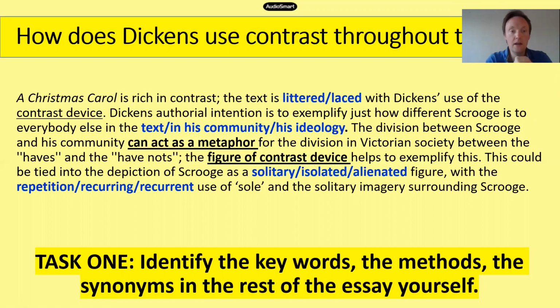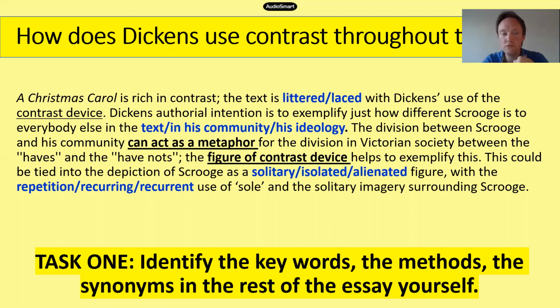It goes like this. A Christmas Carol is rich in contrast. The text is laced with Dickens's use of the contrast device. Dickens's authorial intention is to exemplify just how different Scrooge is to everybody else in his community.